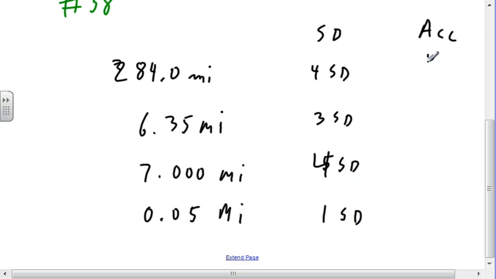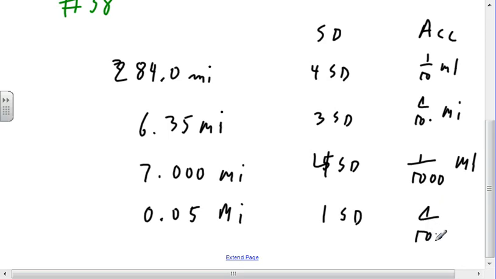I'm good to 1/10 of a mile. I'm good to 1/100th of a mile. I'm good to 1/1,000th of a mile. And I'm good to 1/100th of a mile. So that's how accurate I am in my calculations.